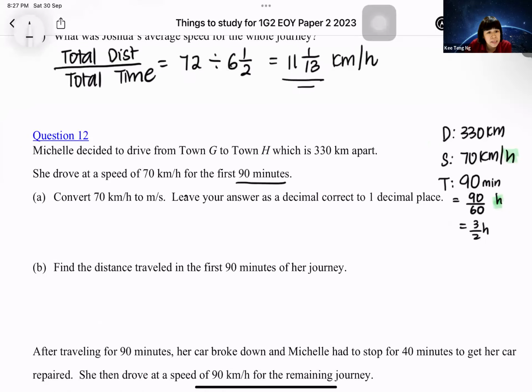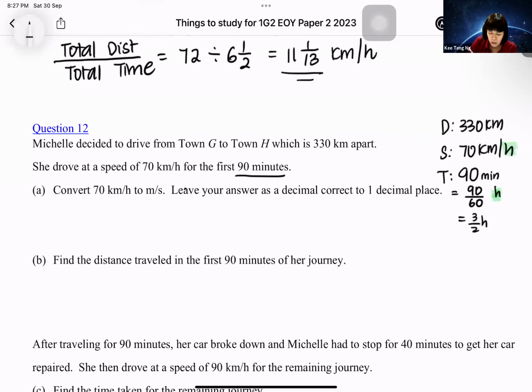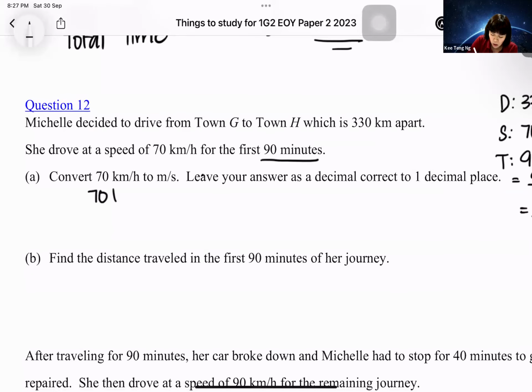Question part A, they say 70 kilometers per hour to meters per second. So kilometer per hour. Let's check. 70 kilometers. I need to change it to meters first. 1 kilometer equals 1,000 meters. So kilometer to meter, we times 1,000.